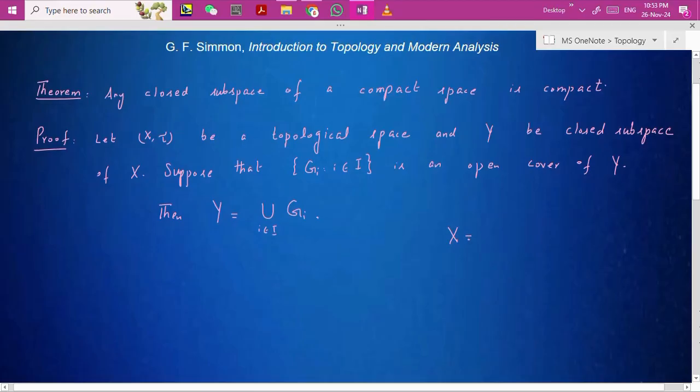X is the union of Y and Y complement. So this implies that X is equal to the union of G_i, i belongs to I, which is equal to Y, union Y complement.